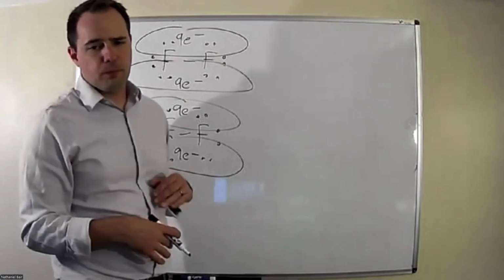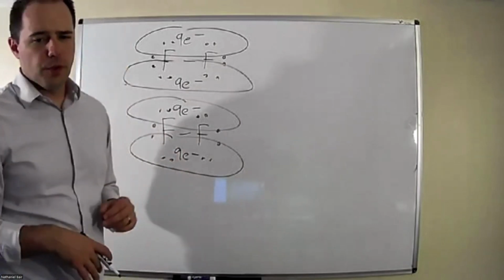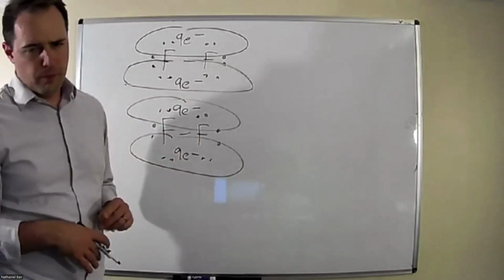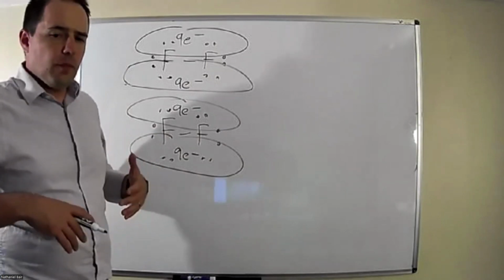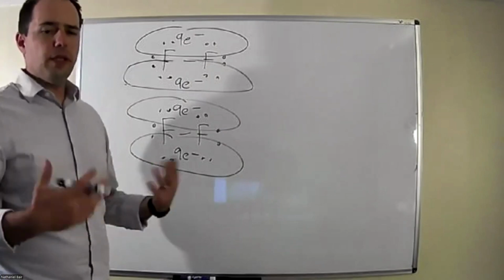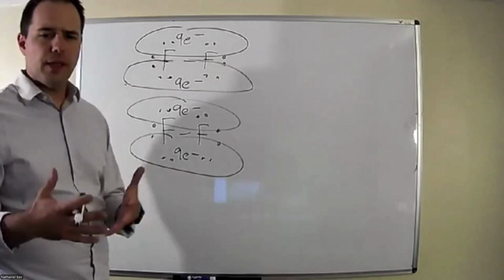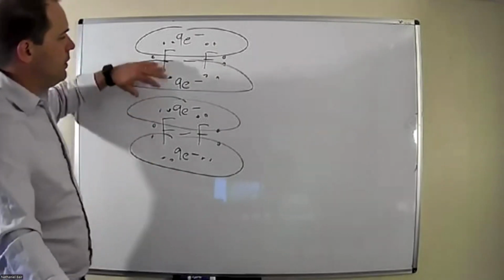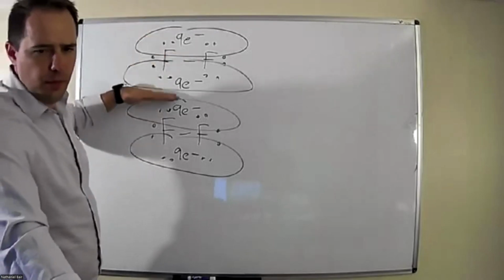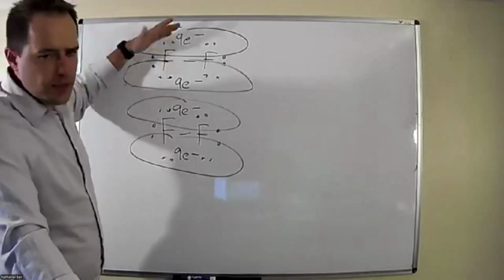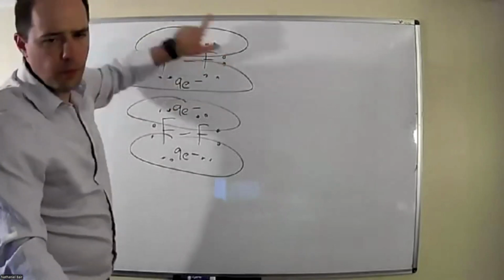Here's what a London dispersion force is. Buckle up, folks. A London dispersion force is when the electron cloud randomly gets distorted. Here's how that's possible. At any given moment, there should be 9 electrons on top and 9 electrons on the bottom. But these electrons are not stuck on the top and bottom. There are electrons going back and forth.